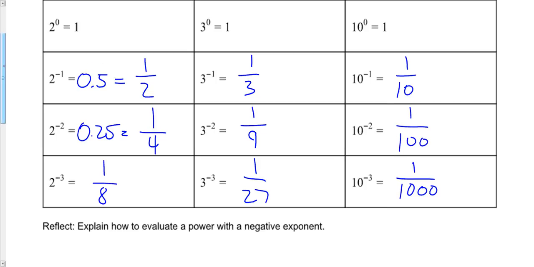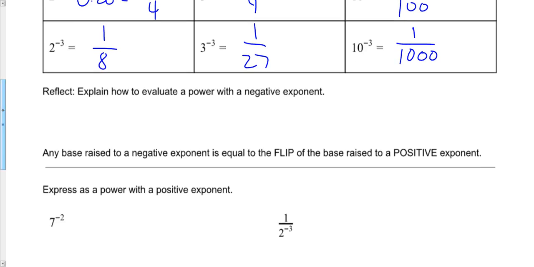Okay, so if we want to quickly reflect, let's explain how to evaluate a power with a negative exponent. We have our exponent of negative 3, which equals 1/8.